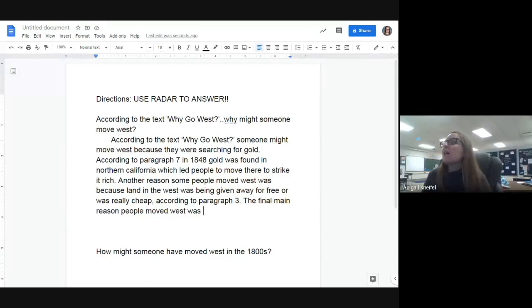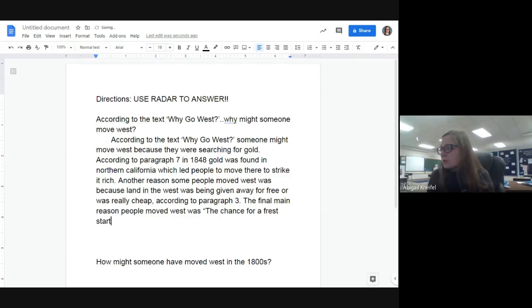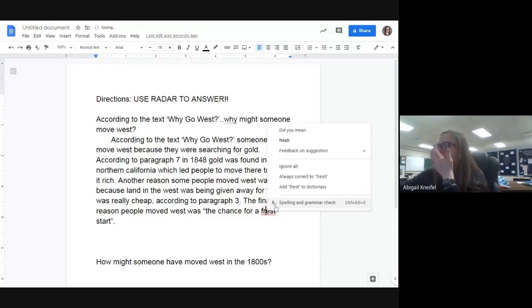Yeah, the final main reason people moved west was, and we can actually quote this from the subtitle in our book, "the chance for a fresh start." That is actually the subtitle, the chance at a fresh start.